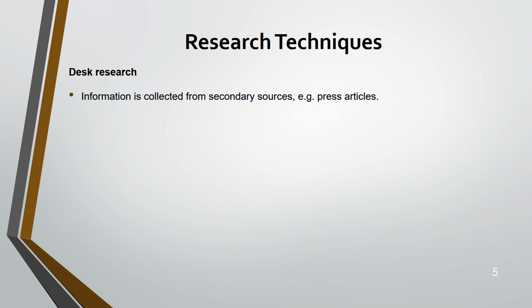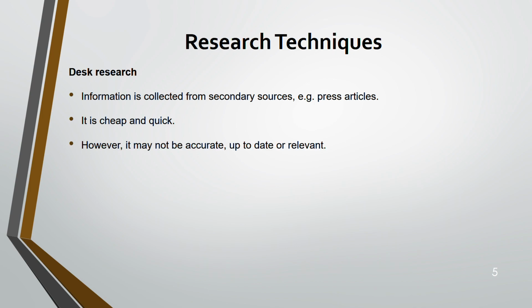The press people might have collected it in the field. For them, it's a primary source, but you are collecting from them. It is very cheap and quick because you can easily access it. But remember, it could be out of date, might not be relevant for you, and might not even be accurate.